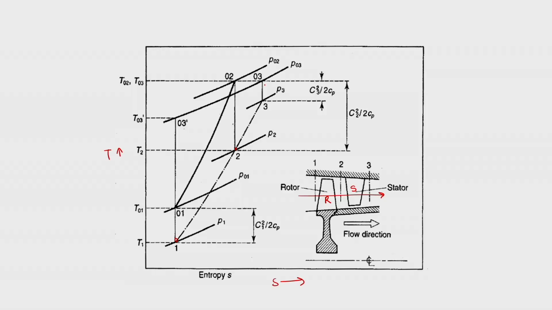So, this is the TS diagram for static pressure, but we had seen in last class that there is static pressure, there is static temperature. Similarly, there is total pressure and there is total temperature.